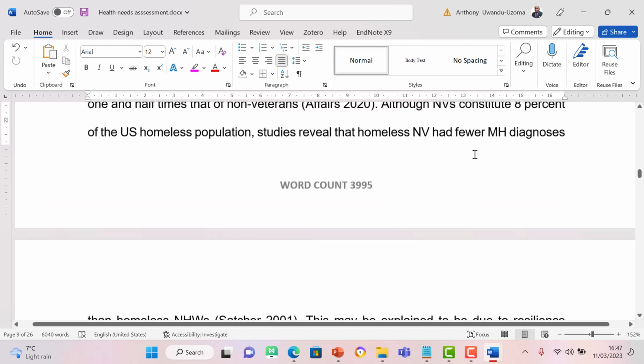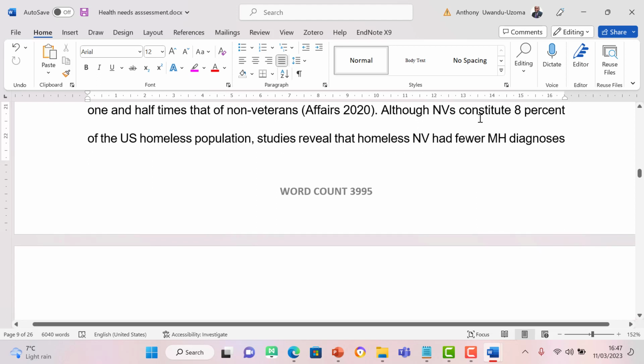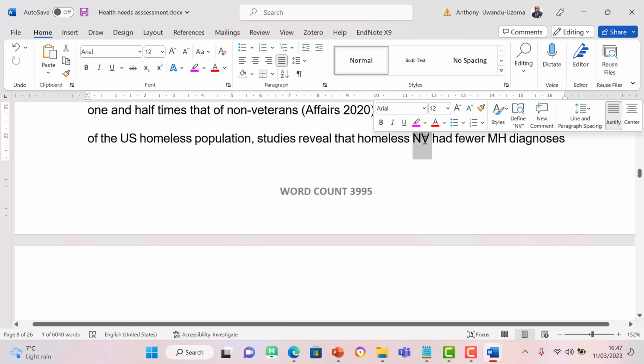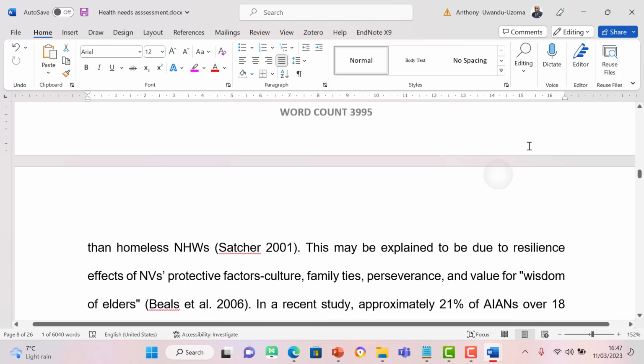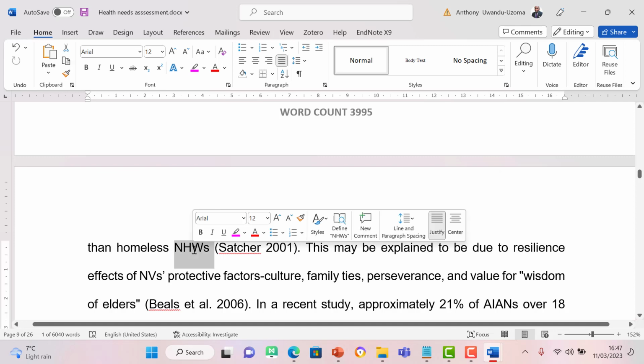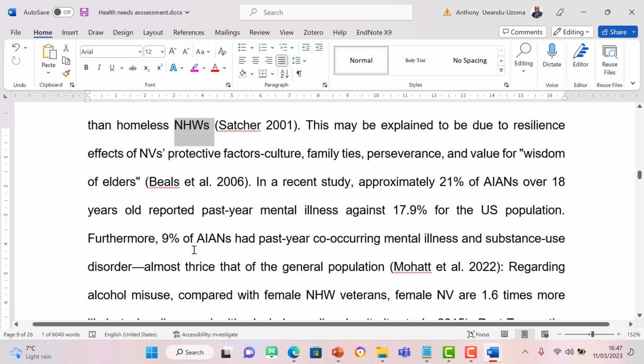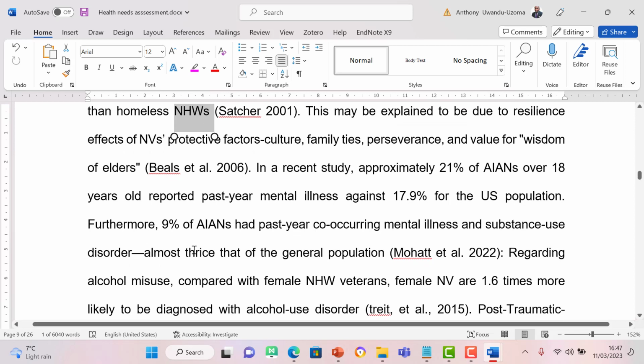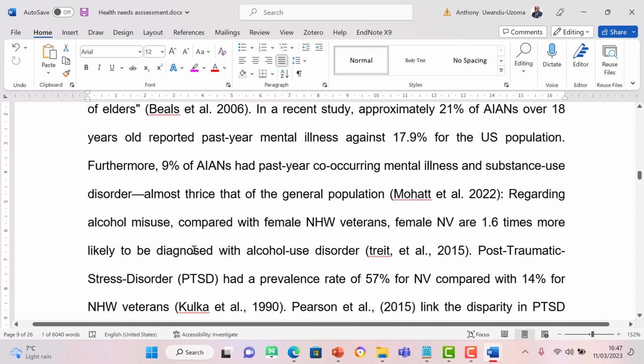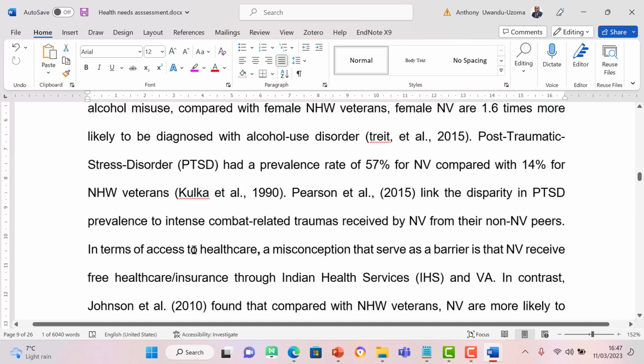So you can see that some of the studies reveal that homeless NVs had fewer mental health diagnoses than homeless NHWs. So you now narrow down to what are the mental health statistics to back up that this particular population are having issues.